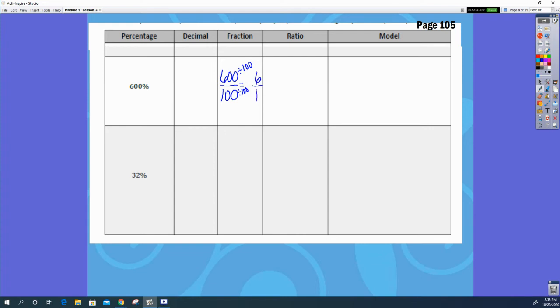And anything over 1 is that numerator. So this is technically 6 wholes, okay? So right now, my decimal would just be 6 or 6.0 if you wanted it. And my ratio would be 6 to 1. My ratio comes from my fraction. Now on this one, we just said it's 6 wholes.